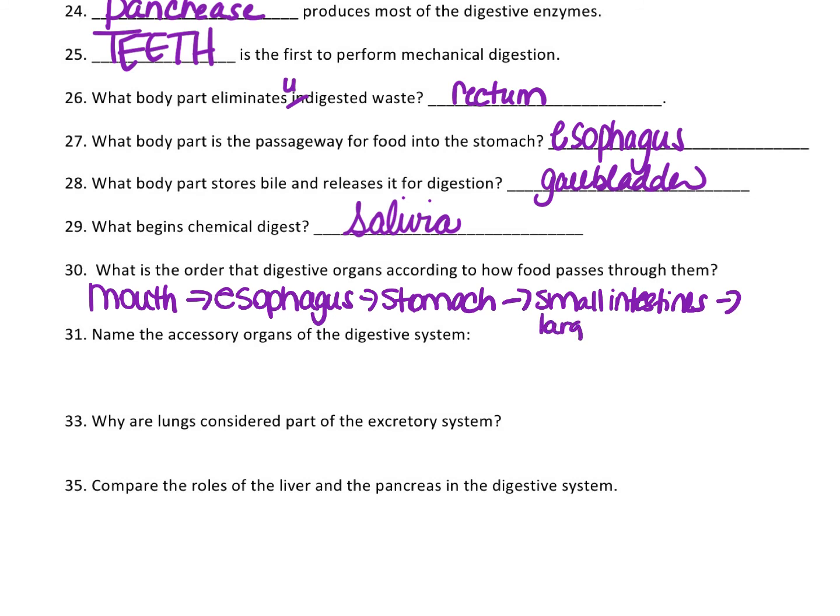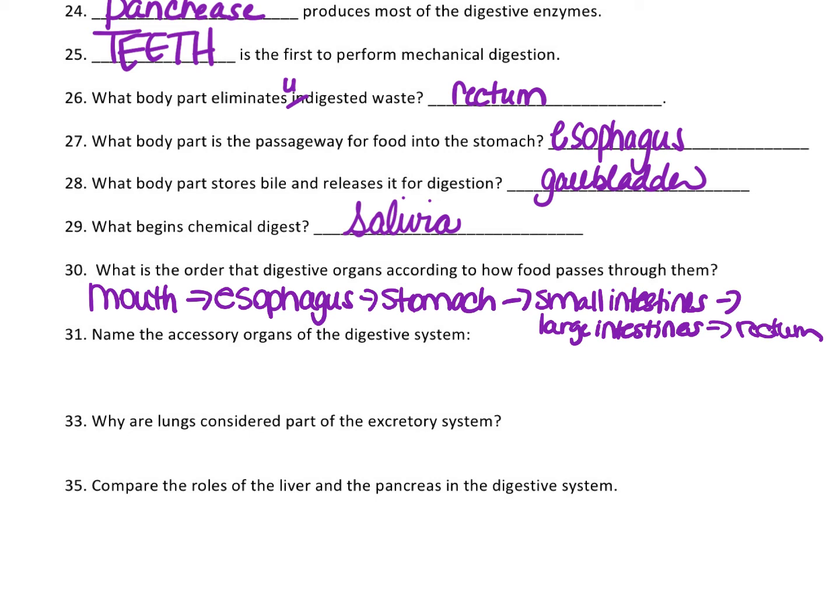Then the rectum. That's not really an organ, well, I guess it is, but you just need to know through large intestines. We'll put rectum on there anyway because it does end there.